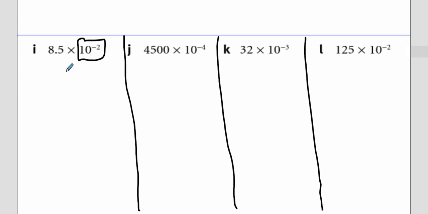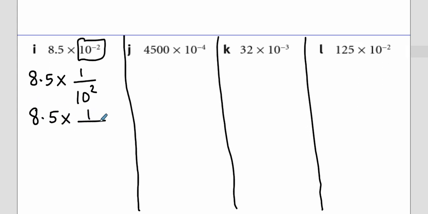You have 8.5 times 10 power negative 2. So this will be 8.5 times the reciprocal. This will be 10 power 2. Once you do the reciprocal, the power becomes positive. So this will be 8.5 times 1 over 10 power 2, which is 100. Now this will be 8.5 divided by 100.